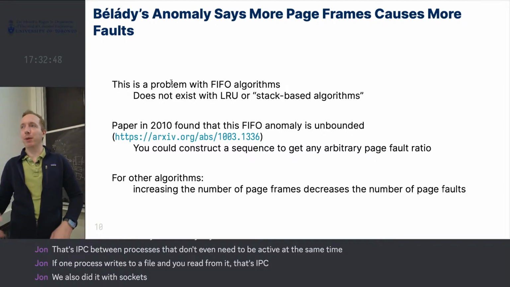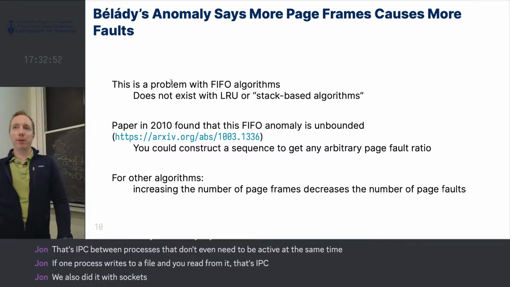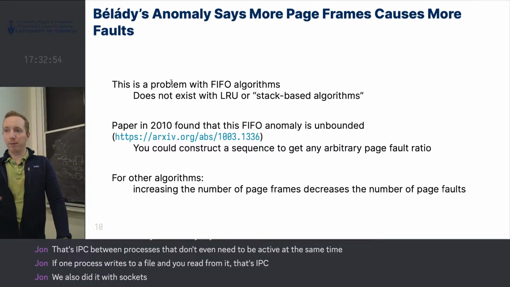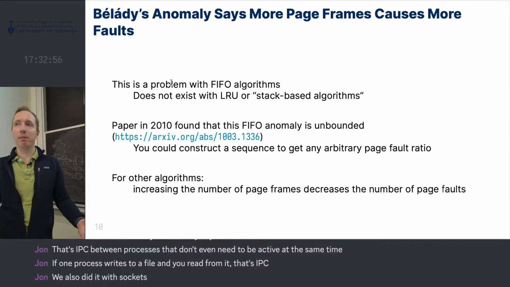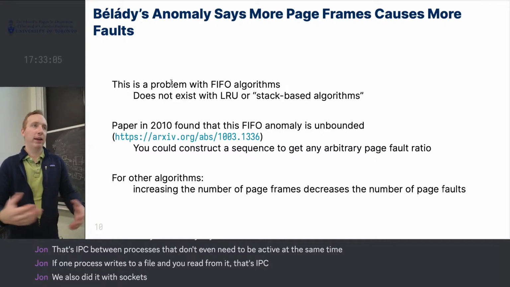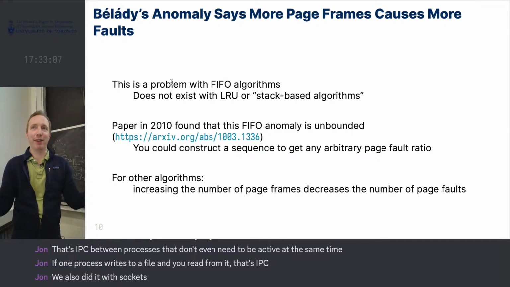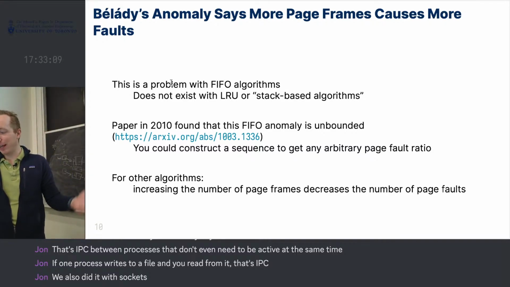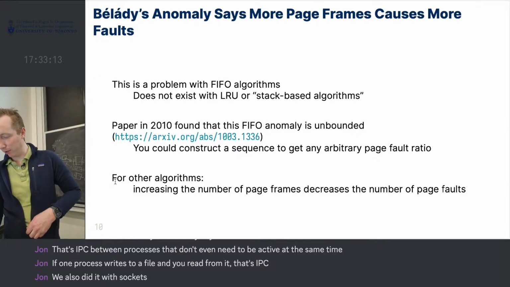Basically, their conclusion was that you can construct any sequence of page accesses to get any fault ratio you want. Doesn't matter how many pages you have. And they proved it through math. I can't explain it more than that. That means you should probably look at more CS things if that is where your interest lies. Don't ask me, I cannot read Greek, I can read C.